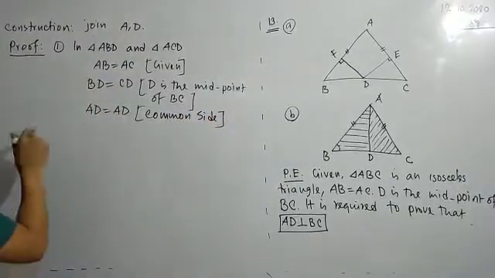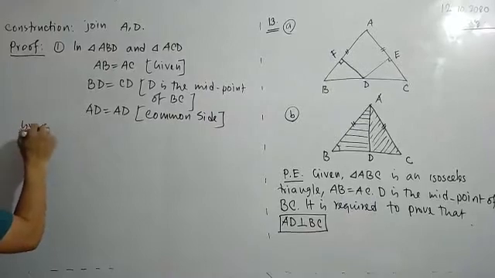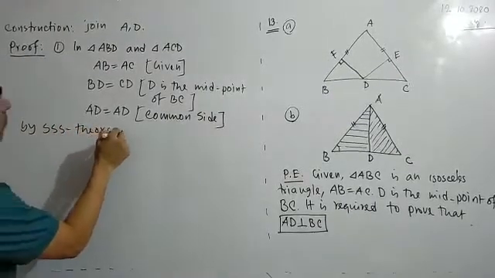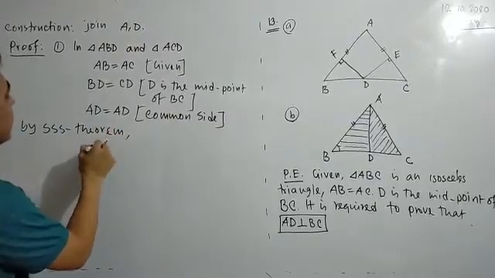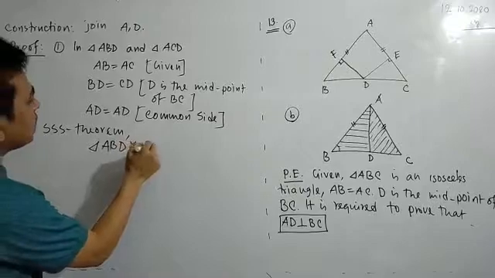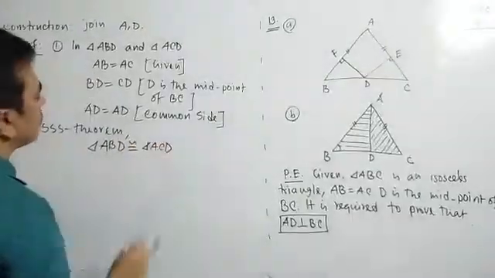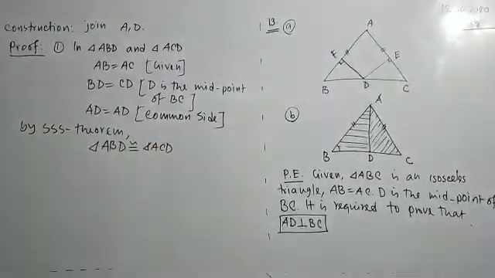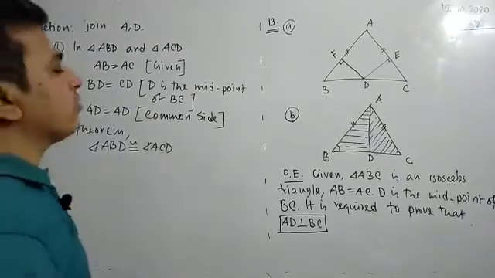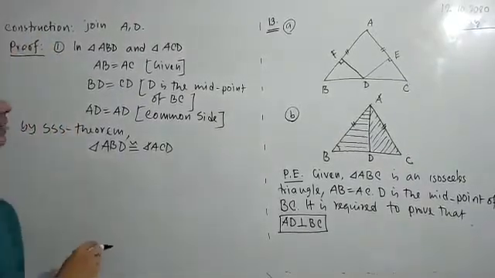So by the SSS theorem, we can write triangle ABD is congruent with triangle ACD.